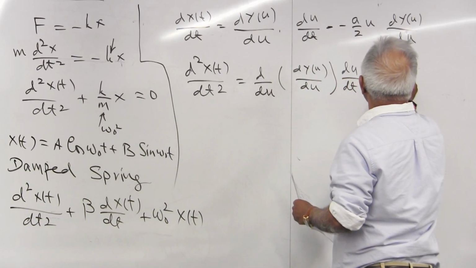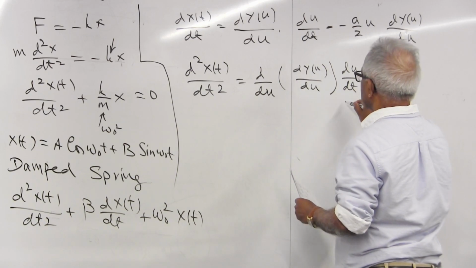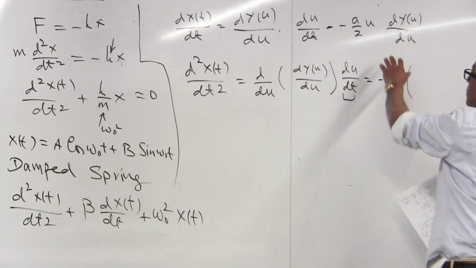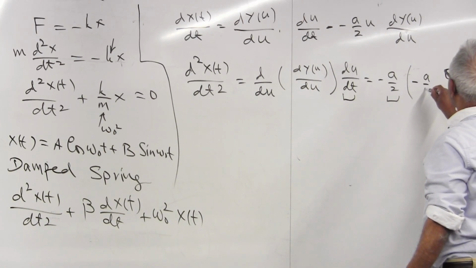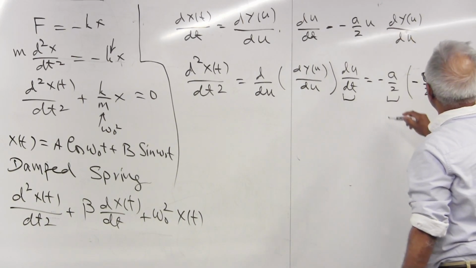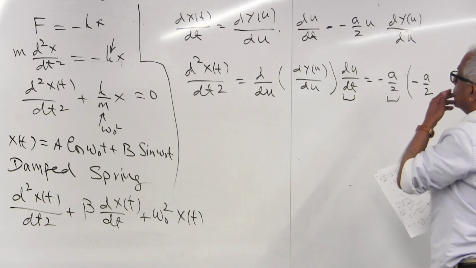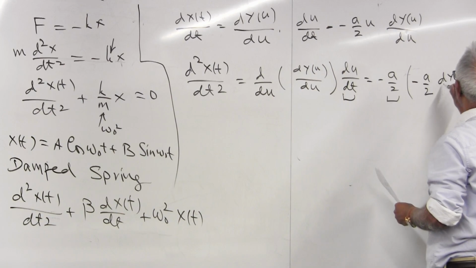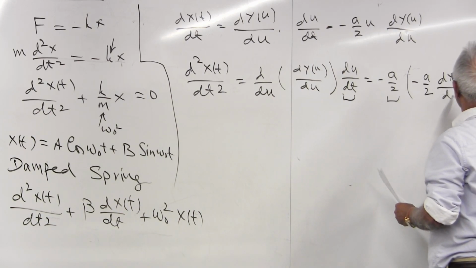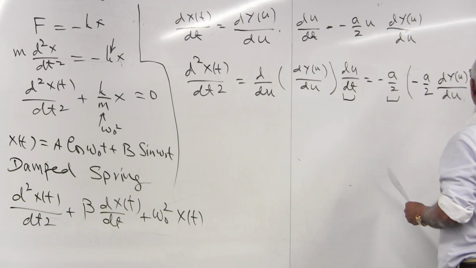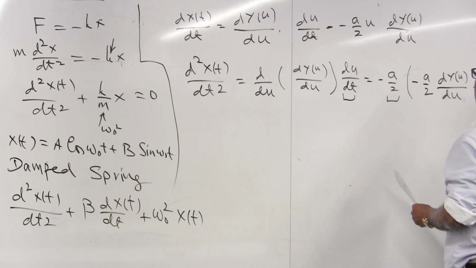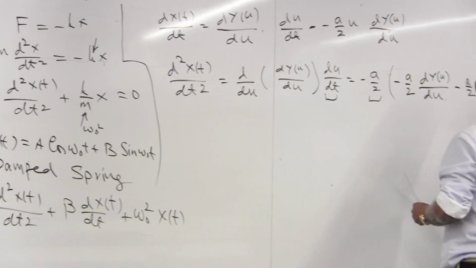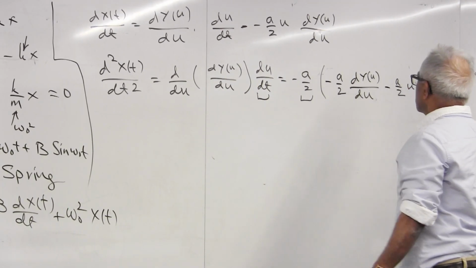So that's minus a by 2 u, this one, and derivative of this, so that's going to be minus a by 2 du by du, which is 1, then you have dy(u) by du, then minus a by 2 u d squared y(u) by du squared.